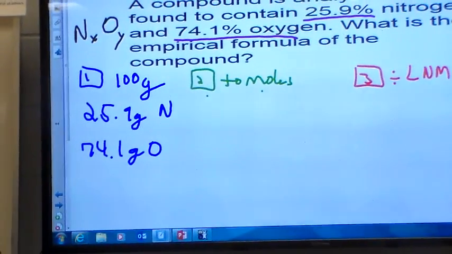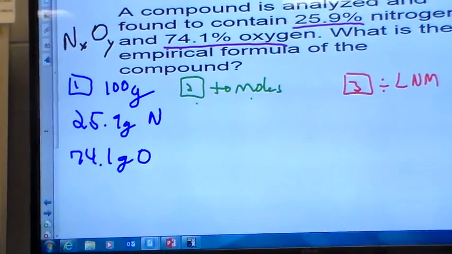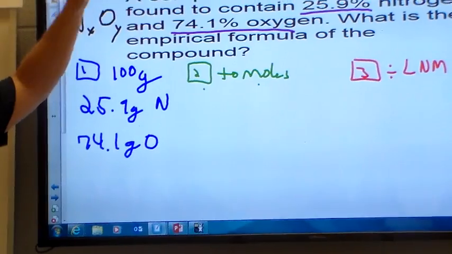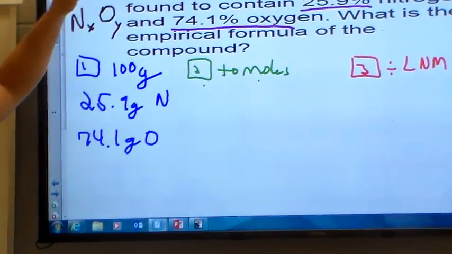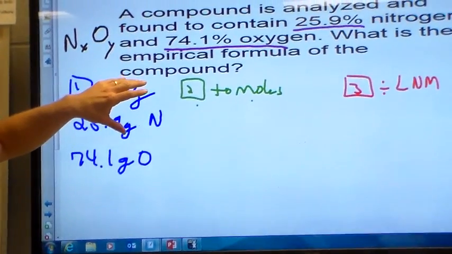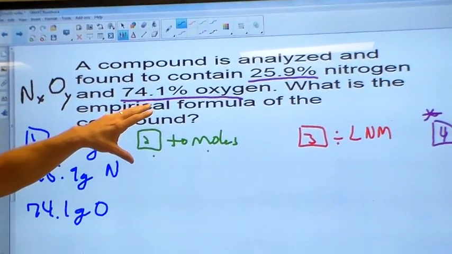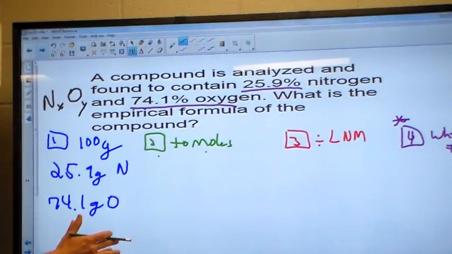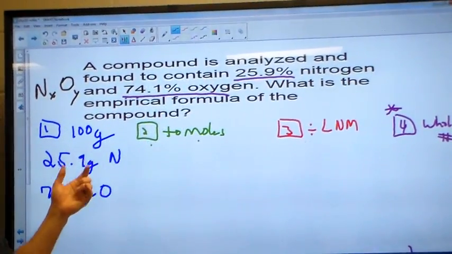You say, that's sort of silly. Yeah, but that's how we explain this step. We assume 100 grams, because then, here's the key statement, the percents become grams. The percents of that compound become grams that we can work with. So we change the percents to grams by assuming 100.